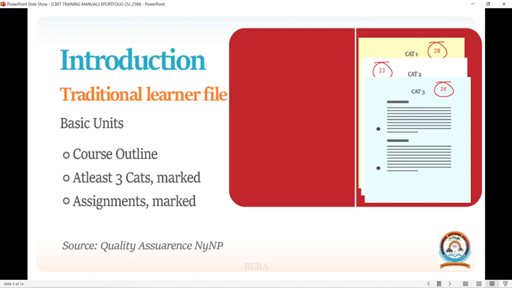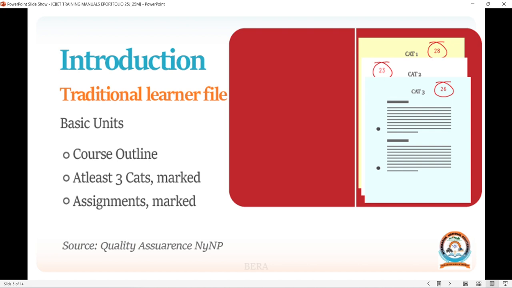Now, I said that when we are filing the evidence, we start with the basic units, if any. From basic units, we go to common units, and then we go to core units. For basic units, what we need you to file is the course outline. You should get the course outline of the unit and at least 3 cards marked.